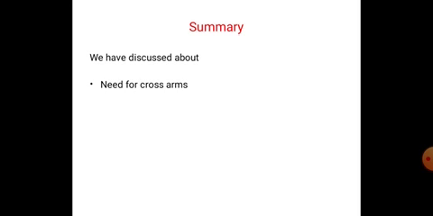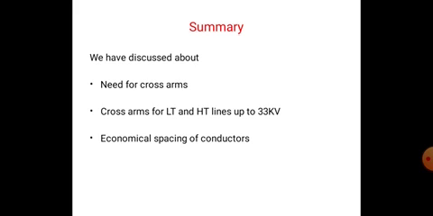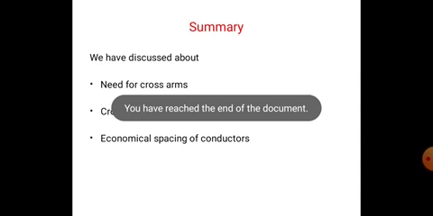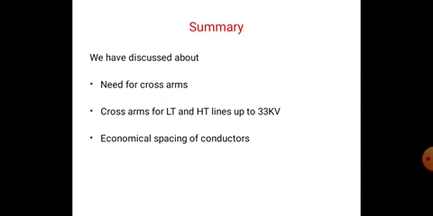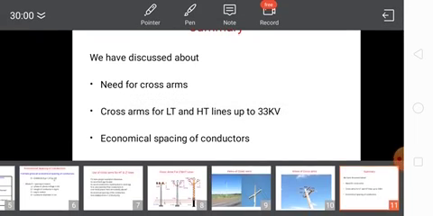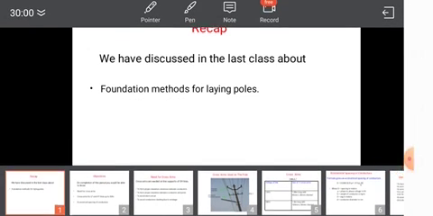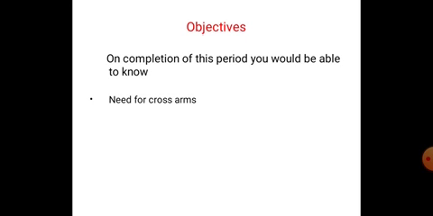So in this class we discussed the need of cross arms for LT and HT lines up to 33 kV, and economical spacing of the conductors. Once again I am explaining. What is the need of cross arms?